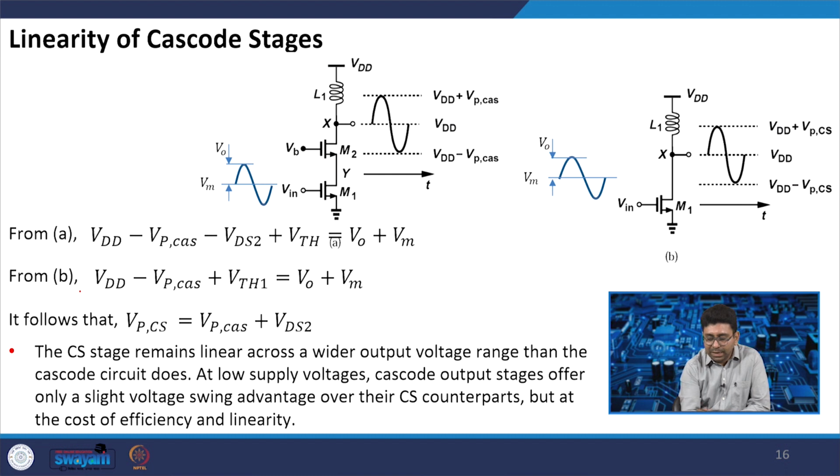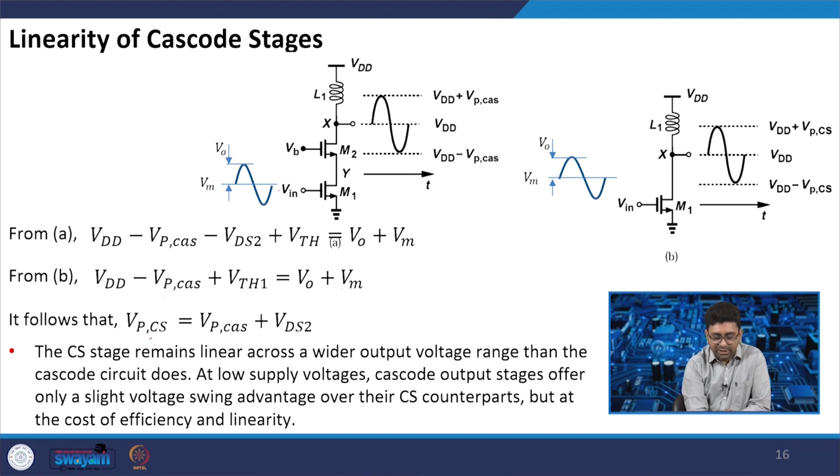And for circuit B, where Vo is the input voltage swing and Vm is the mid voltage at the input: VDD minus Vp cascode plus Vth1 equal to Vo plus Vm.